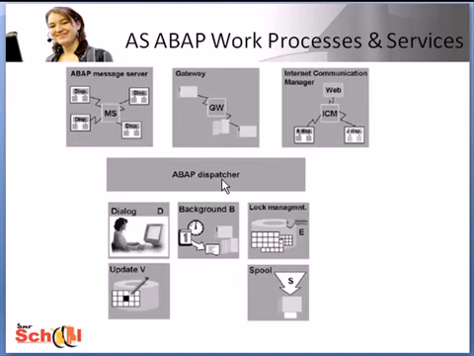Then you have this so-called ABAP dispatcher. It essentially distributes the requests that it gets from these services, maybe from the external world, onto different work processes. Now, maintenance and setting up of different work processes is one of the key system admin activities.